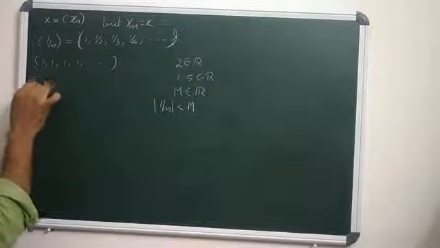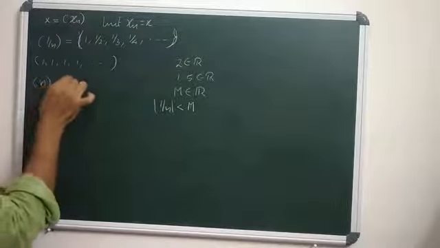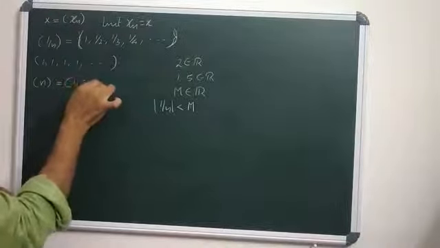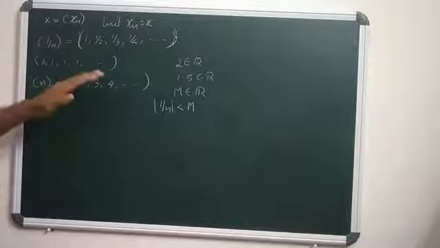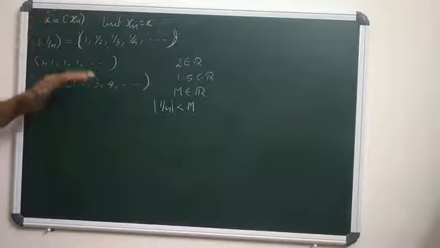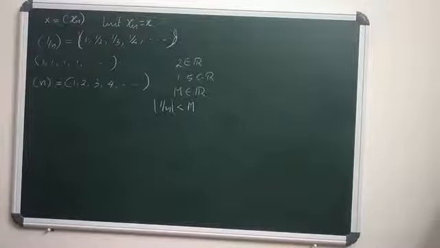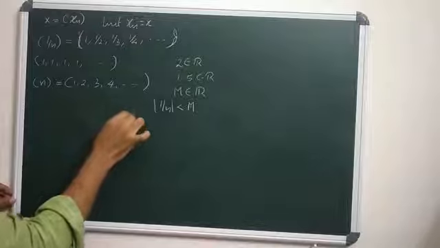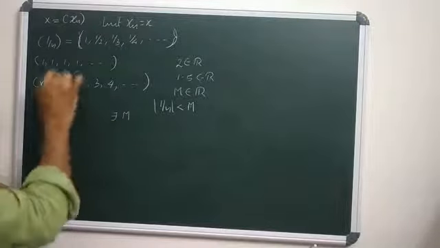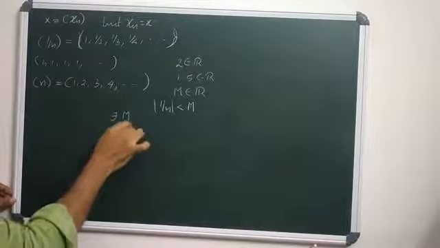But consider the sequence n. n means natural numbers: 1, 2, 3, 4, etc. You cannot find a real number such that each element in the sequence is less than that real number. You cannot say there exists a particular m such that modulus of n is strictly less than m.